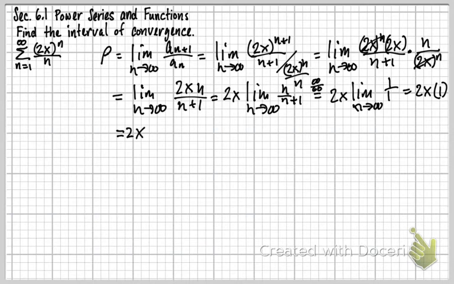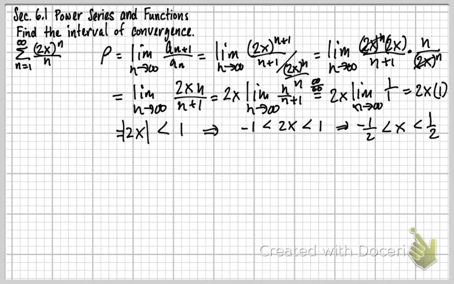But I know that the absolute value of 2x has to be less than 1. So that implies that 2x is between negative 1 and 1, which implies x is between negative 1/2 and 1/2.